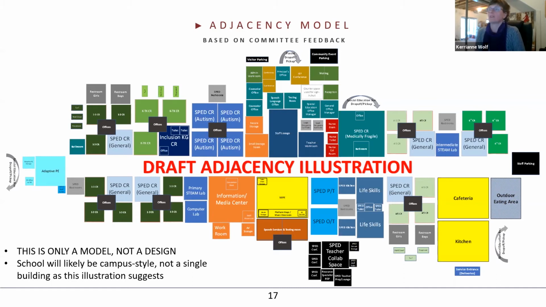But of course, if we push these pods together, then maybe we could get some of that extended learning area effect in some way, rather than 4 spaces using one, maybe it's 8 spaces using one and it's a little bigger or something. So maybe we can play with that a little bit to incorporate your idea of office space and extended learning area space.